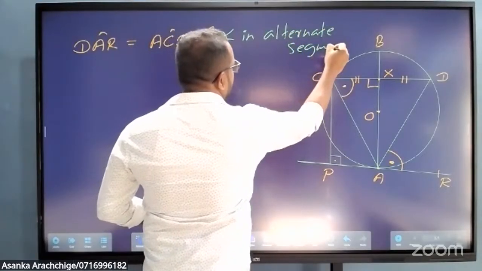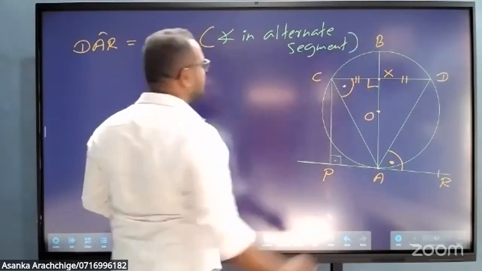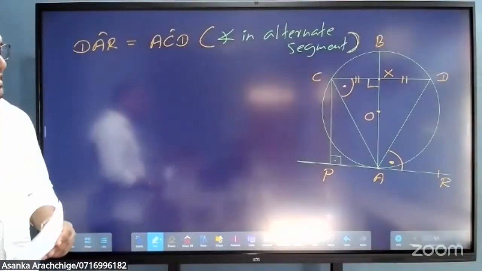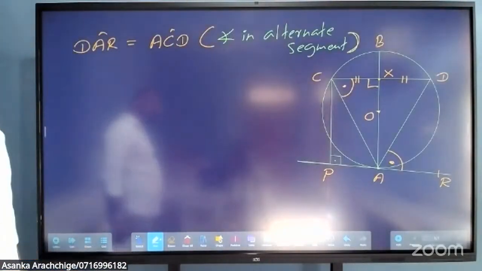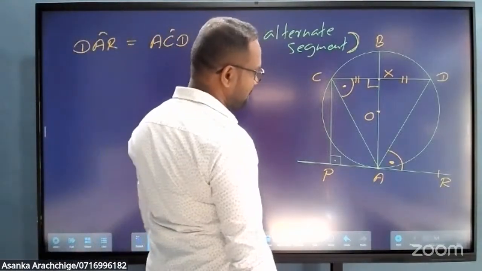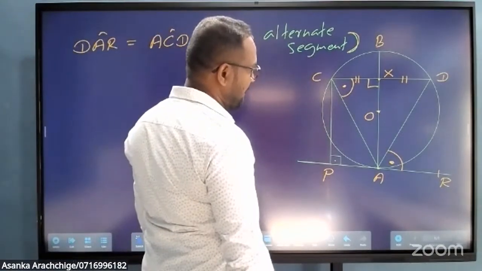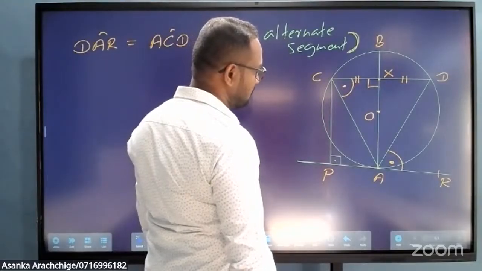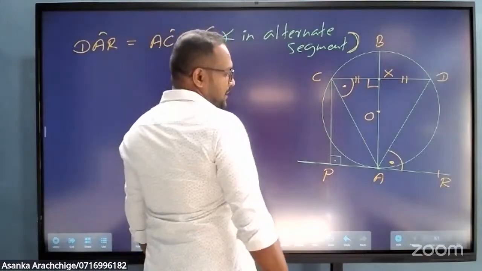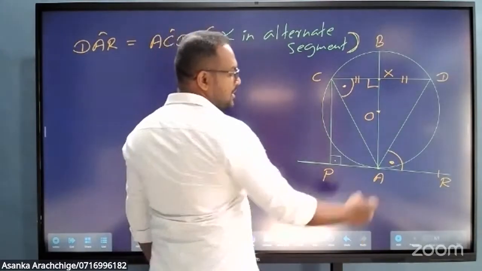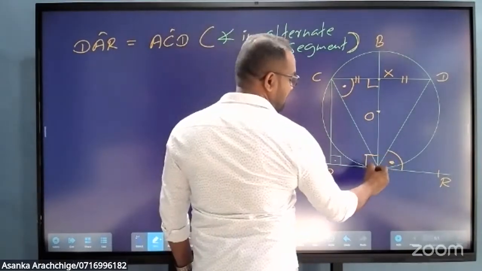Angle in alternate segment. Look, you know this angle must be a right angle, no?